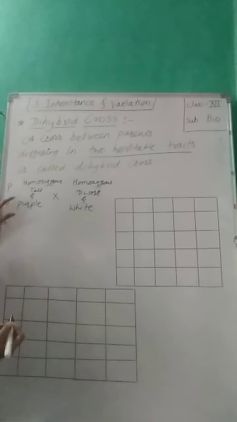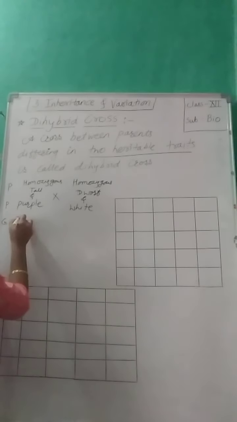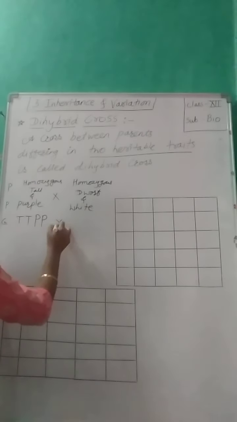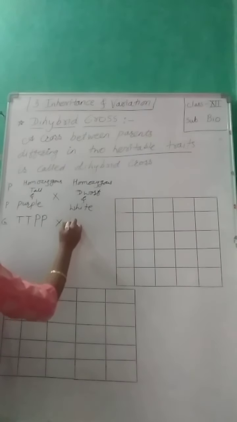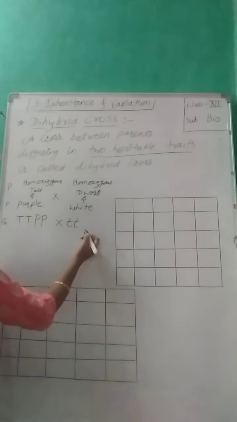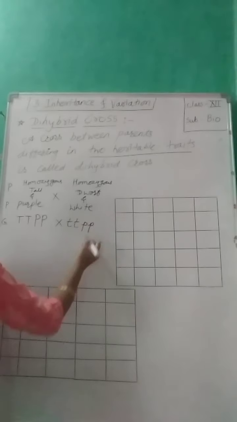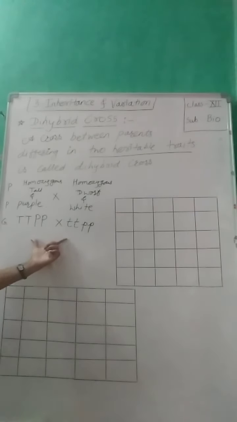So what are the genotypes? Tallness is denoted by capital T, and purple is denoted by capital P, that was crossed with dwarf, denoted by small t, and white, denoted by small p and small p. Okay, so these are the two parents, or two genotypes for them.